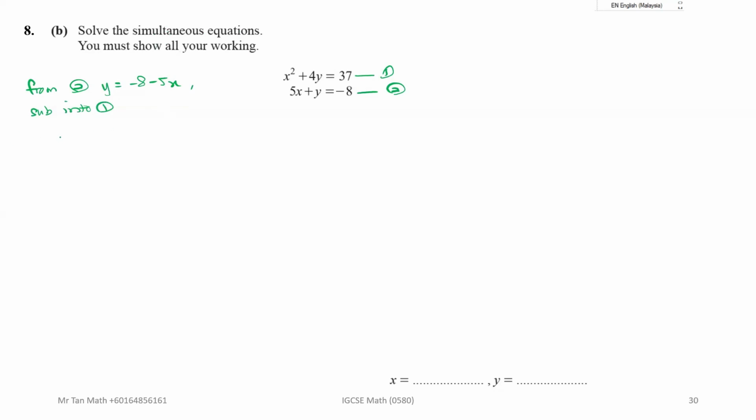So x squared minus 4 times (minus 8 minus 5x) equal to 37. x squared plus 32 plus 20x equal to 37.